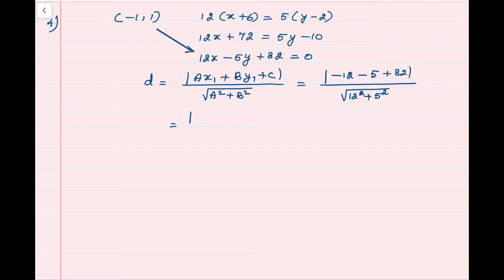Absolute value of 82 minus 17 is 65 divided by the denominator 144 plus 25 is 169 and root of 169 is 13. 65 over 13 is 5 units.